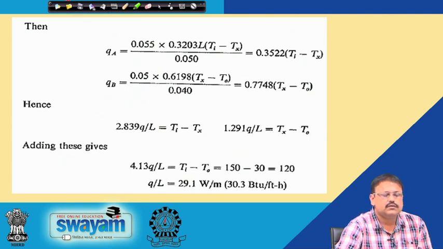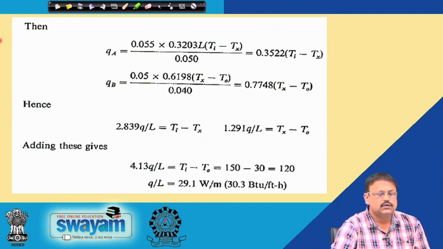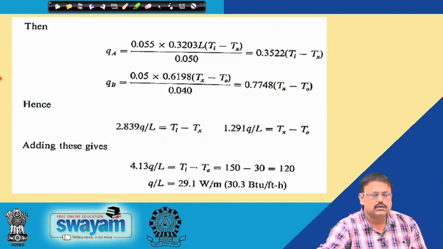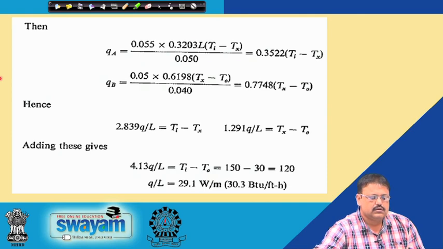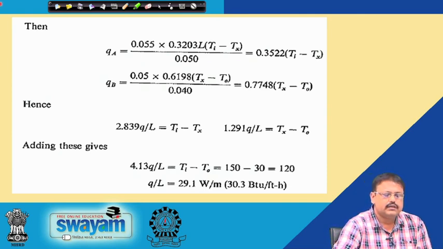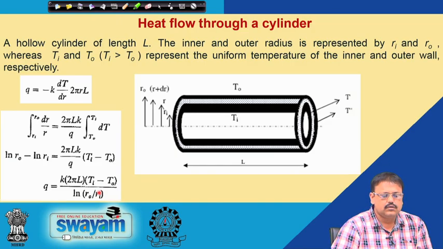In the case of spherical shape, we can put the equations in this form: Q equals minus k dT/dr. In this case 4 pi r squared will be the spherical area.